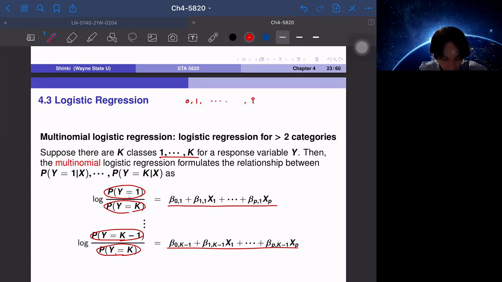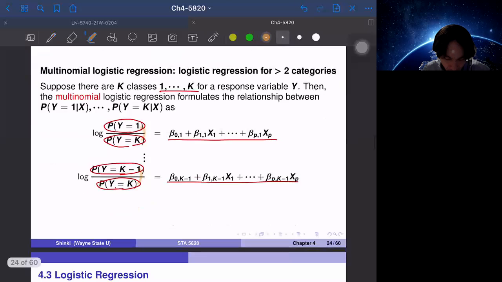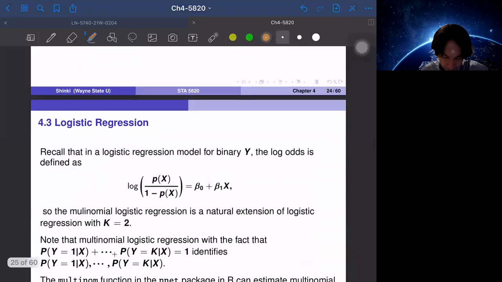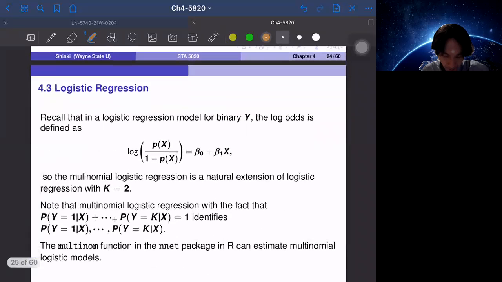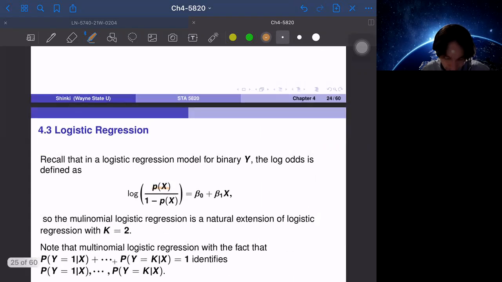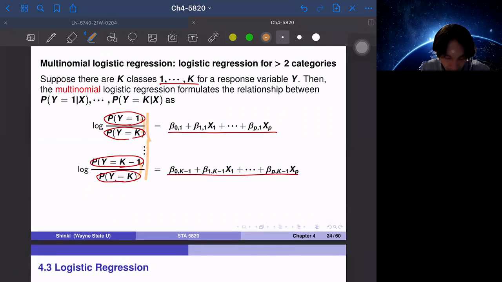In this way, we can calculate the ratios of these k-1 pairs, and combine this with the fact that the total probability is 1, so that we can model the probability of each class. So we have k classes and k-1 ratios.